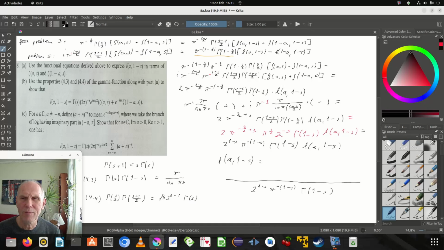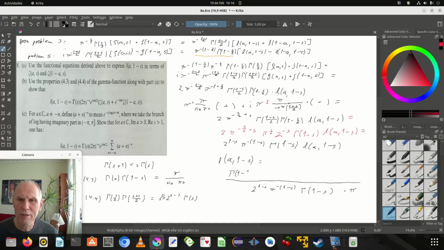And then this guy, so that was pi to minus first. They both gave pi to minus first, so we'll put it in the denominator. And then, oops.